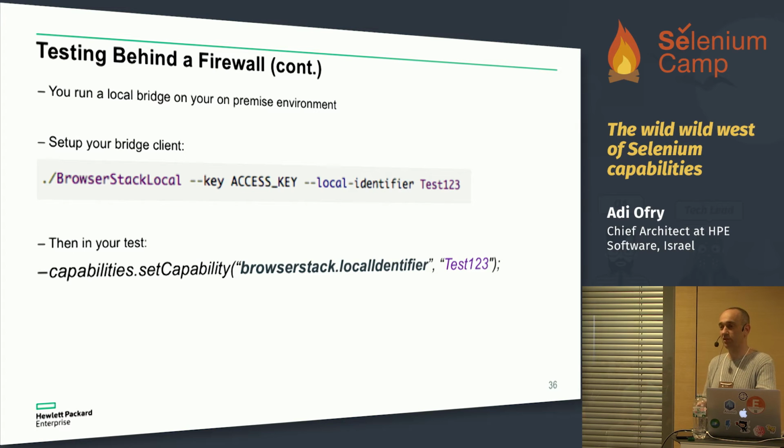You see something very proprietary, browserstack.local and the identifier, the name of the tunnel. Now they automatically route your calls through this tunnel, through this utility, and the endpoint is your server, which is inside the IT network.